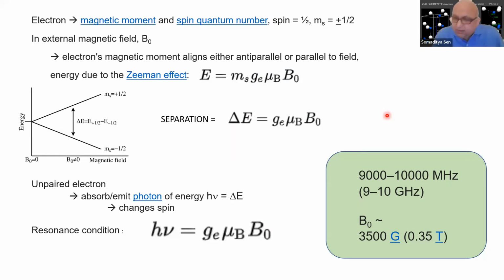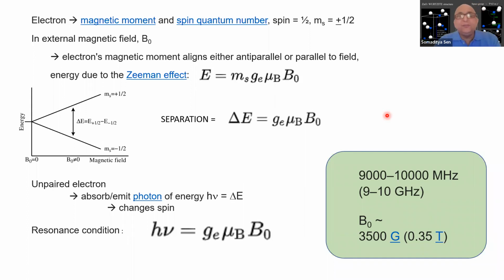Okay, so what is EPR spectroscopy? Every electron has a magnetic moment, right? And it has a spin quantum number, which is half. So ms, the magnetic quantum number, can have plus half and minus half components, right?